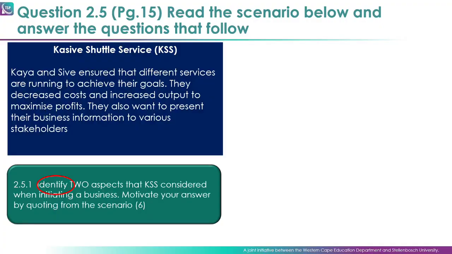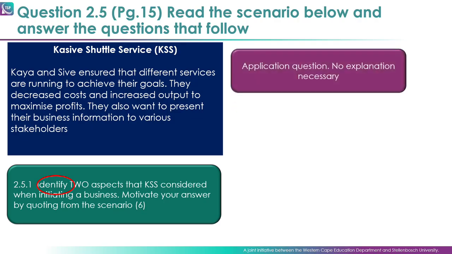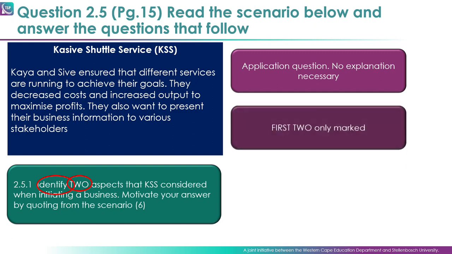Now, please remember, when we say motivate your answer, irrespective of whether it says quoting from the scenario, most of the time your markers, your examiners, are looking for a quote. So please, even if they don't say quote, please quote from the scenario. Let's have a look at some important aspects of that question. Identify is your action verb. It also says 2 aspects need to be considered there, and then only the first 2 are marked.